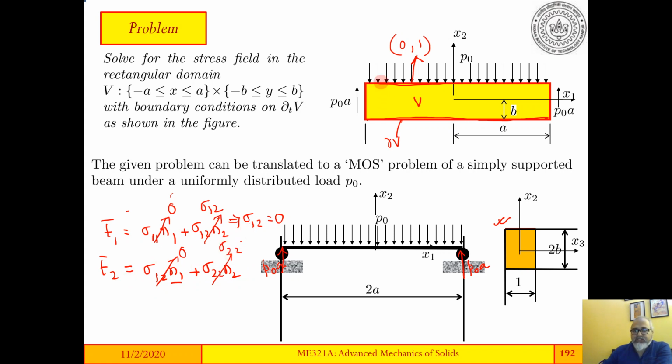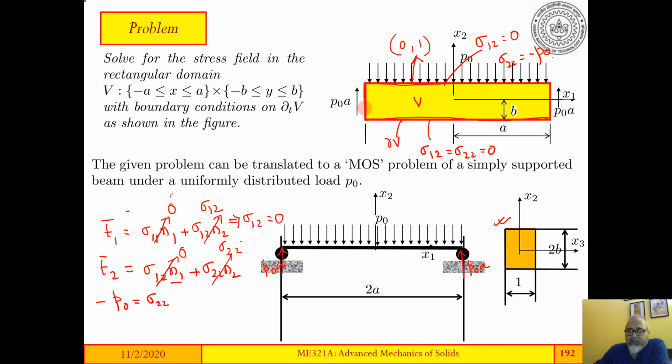And there is a y traction which is equal to minus P naught. So minus P naught is equal to sigma 2 2 on the top surface. So on the bottom surface, we have sigma 1 2 equal to sigma 2 2 equal to 0, and on the top surface, we have sigma 1 2 equal to 0, sigma 2 2 equal to minus P naught. So these two surfaces are quite unambiguous.